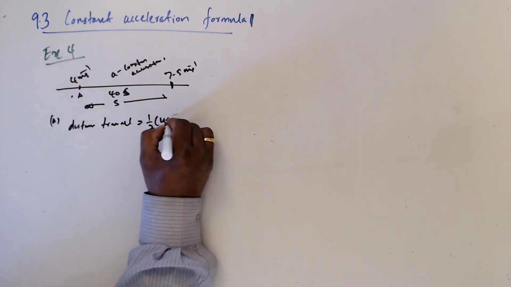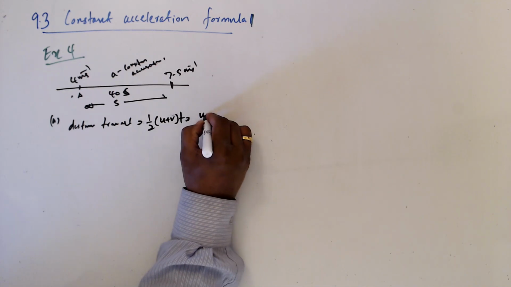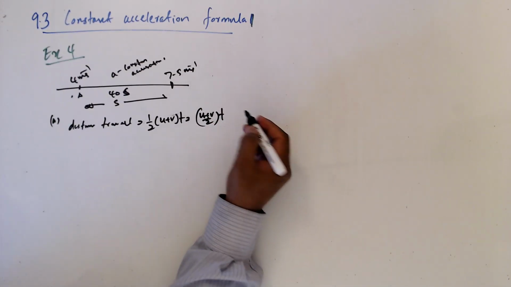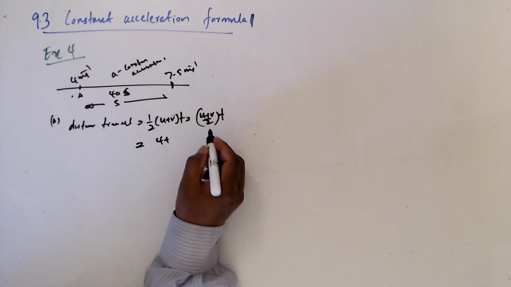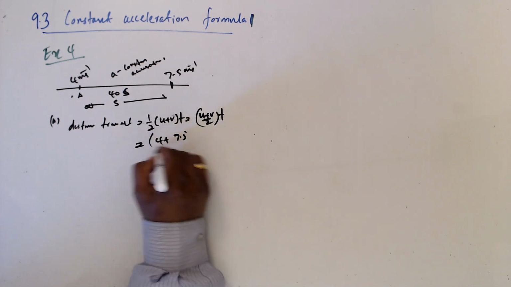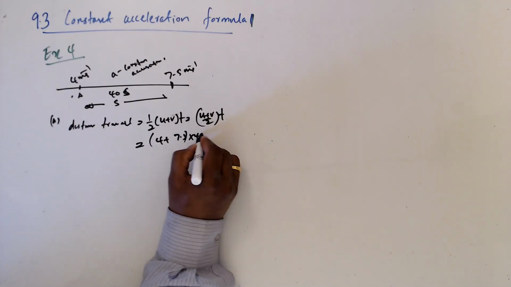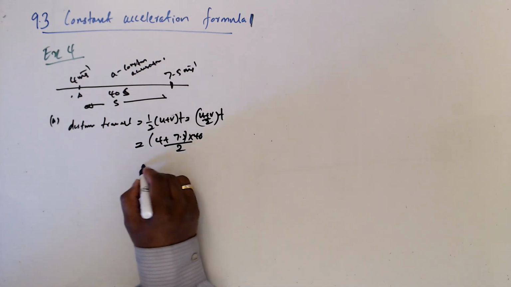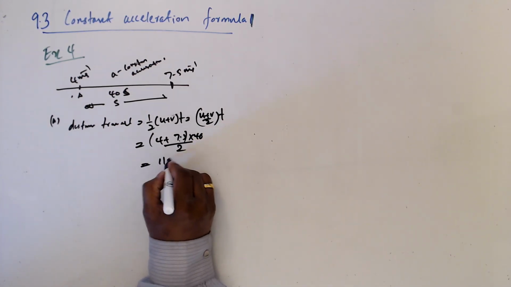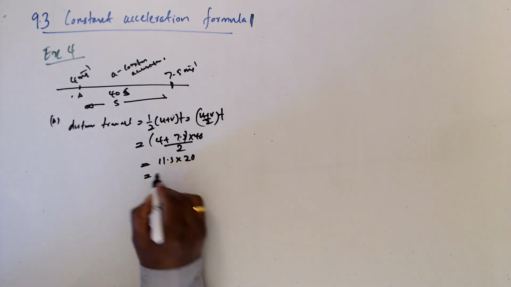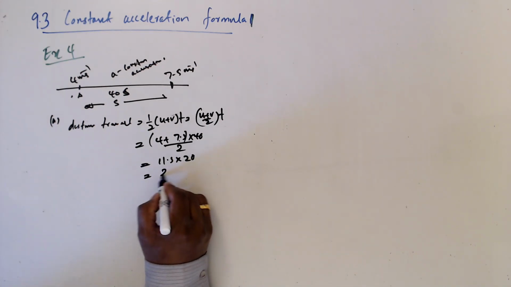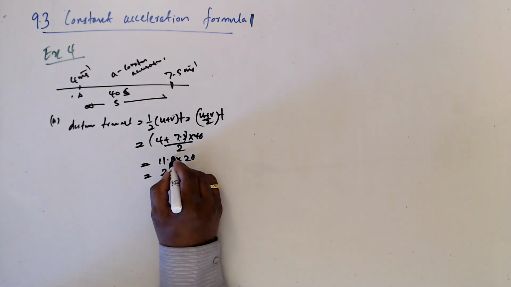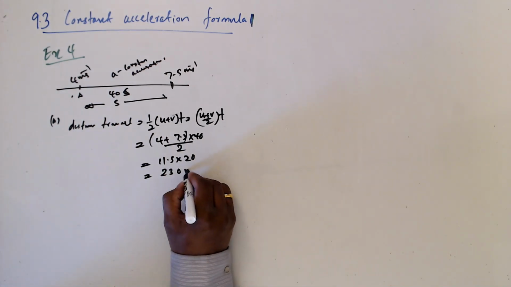So we know that u is 4 and v is 7.5, and times 40 divided by 2. So 11.5 multiplied by 20. This is going to be 230 meters.